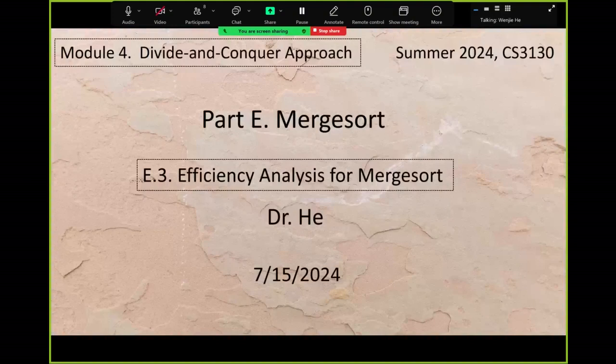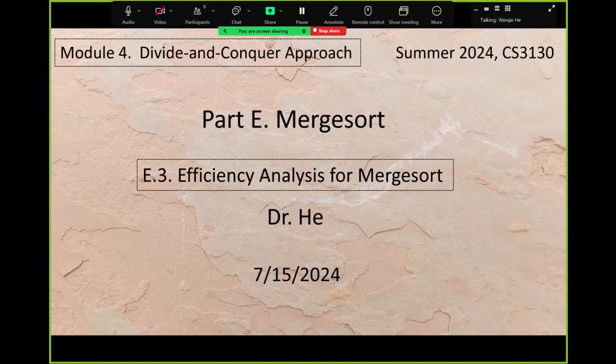All right. So now, efficiency analysis for the merge sort. At this point, we know the merge sort is quite a different sorting algorithm than before.